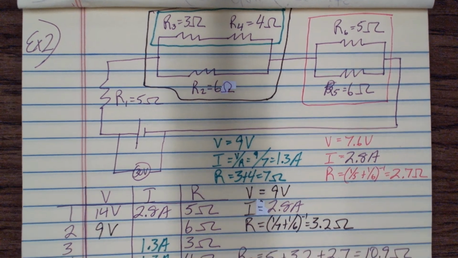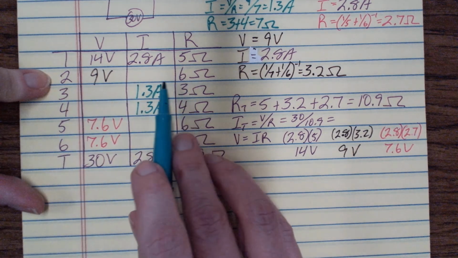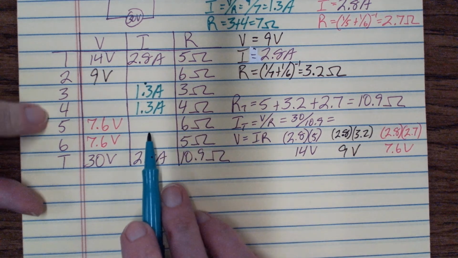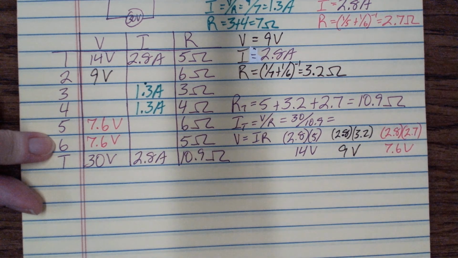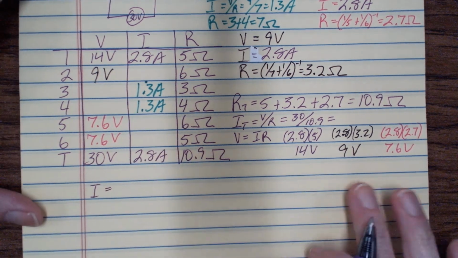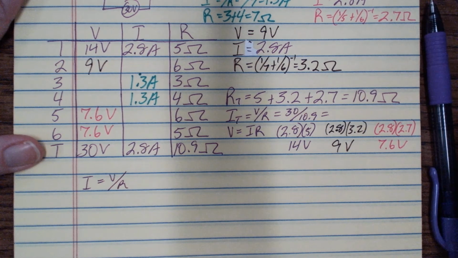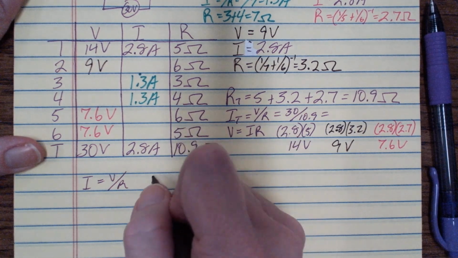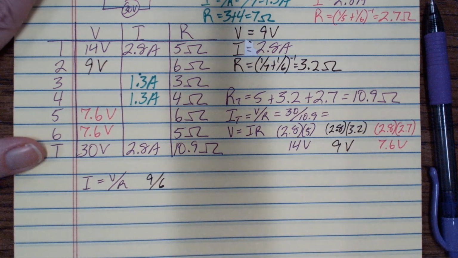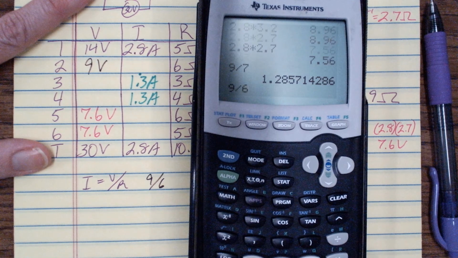Okay, so now at this point in our table, we just have a few things to fill in. So I have resistor number 2, I need current. And resistor 5 and 6, I also need current. So I equals V over R. So for resistor number 2, that's 9 over 6, which is what, 1.5, I think? Yep, 1.5.